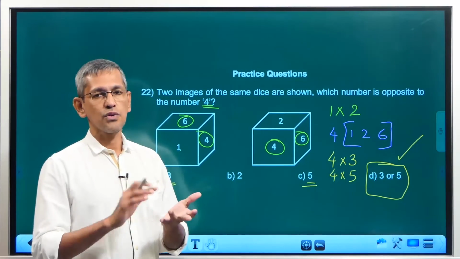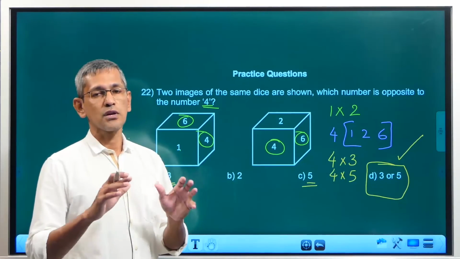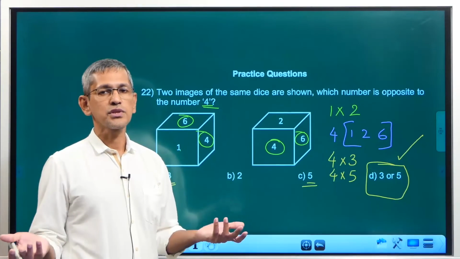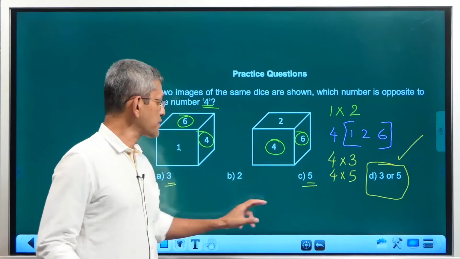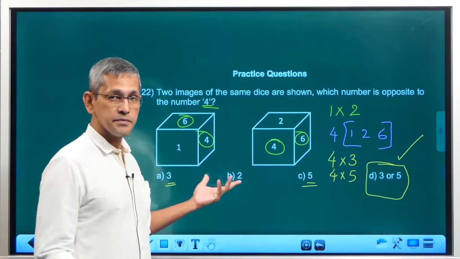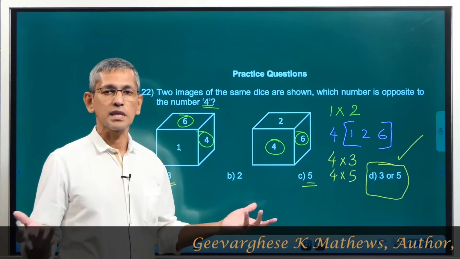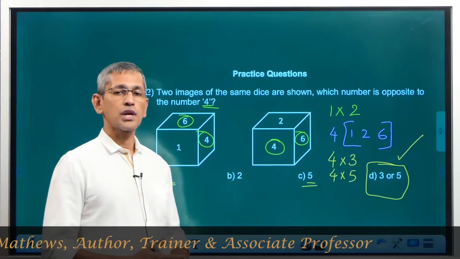So rule number 1, rule number 2, 3, 4 and 5. So 5 major rules we have. But in some situations, if you are not in a position to apply any of the rules, you can apply common sense. This is something we have done here. It's common sense, because we tried to apply rule number 3, but it doesn't give us the answer. So we have to look for something else. So apply your common sense. That is exactly what is required here as well.